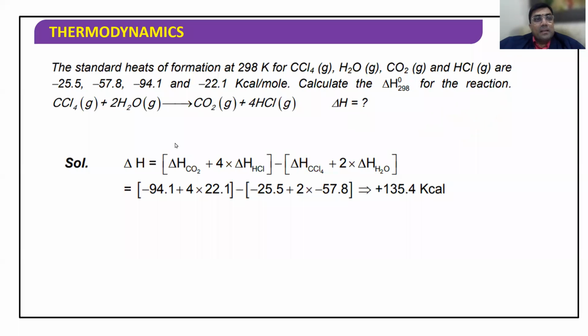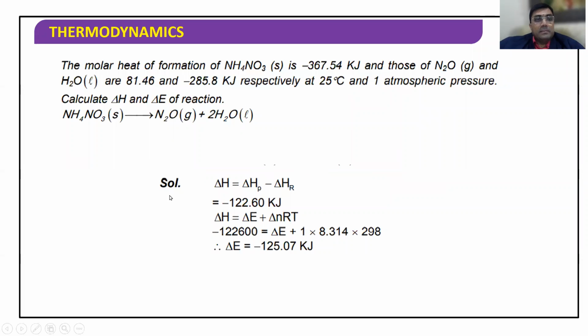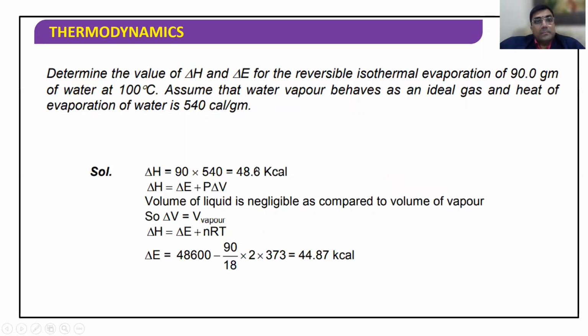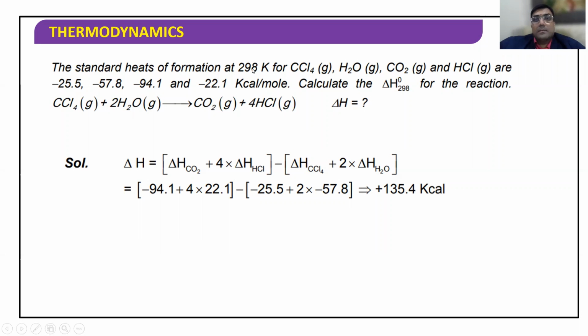Now have a look here. First of all, the product is CO2. So CO2 is how much? Minus 94.1. This is the heat of formation of CO2. Then 4 into HCl.